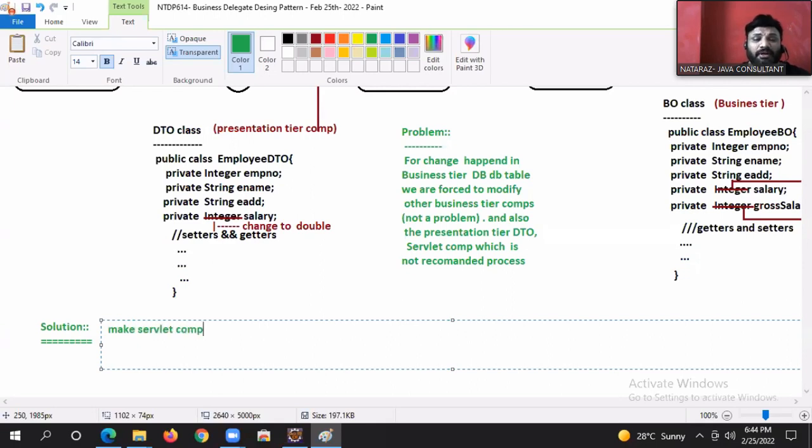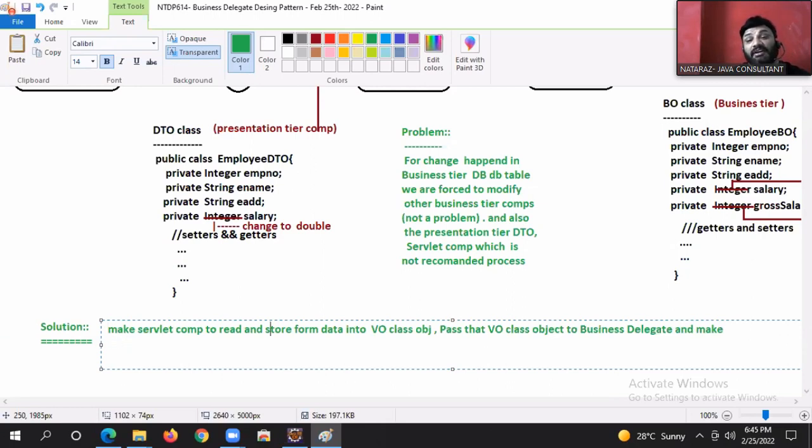Make servlet component to read form data and store form data into VO class object. Pass that VO class object to business delegate. One minute.